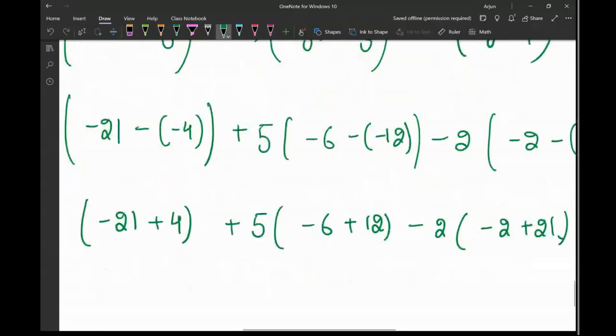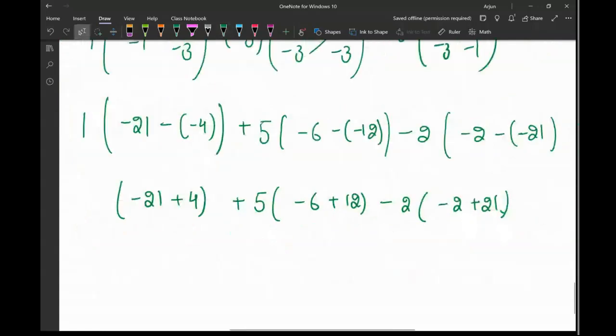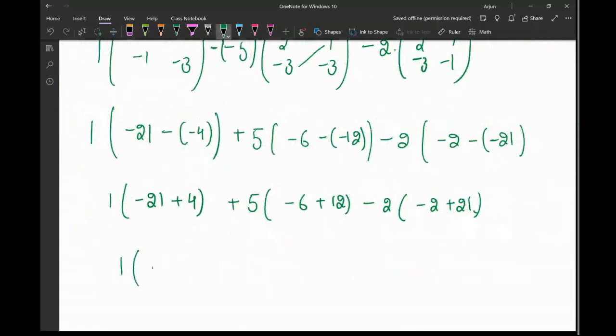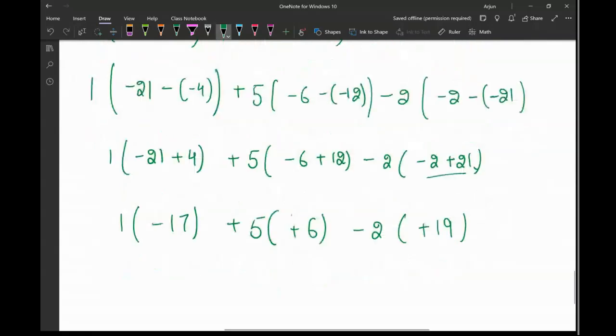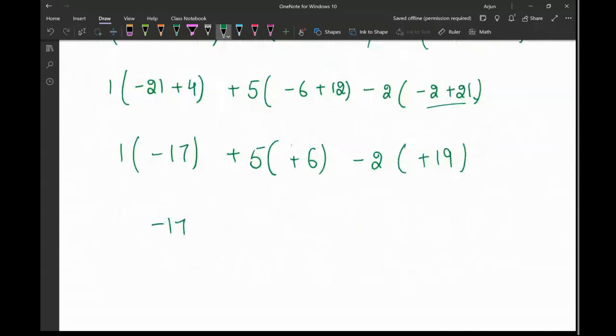All right, now this is 1 outside, so 1 times this will become -17, and plus 5 times this is my plus 6, and then -2, this is going to give me plus 19, and then -17 plus 5 times 6 is 30, and this will be minus 38.